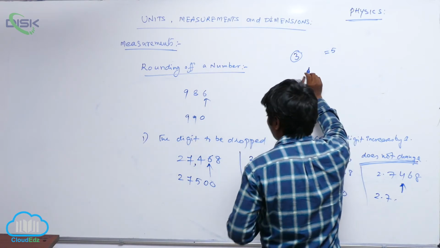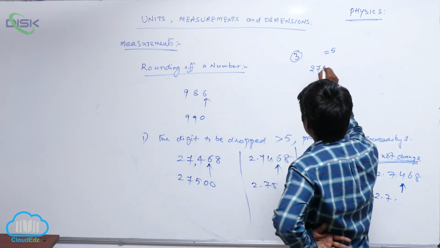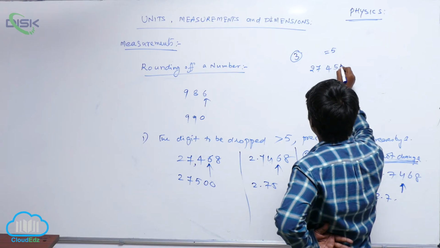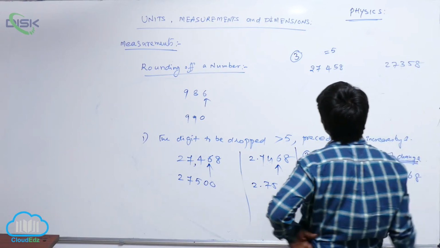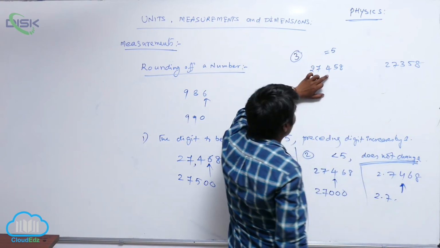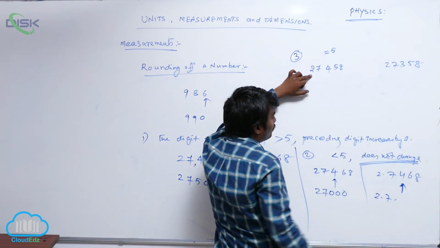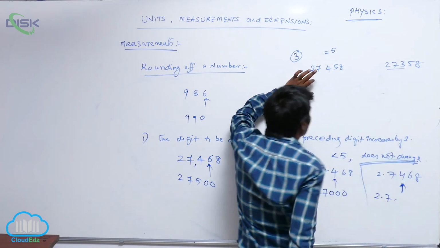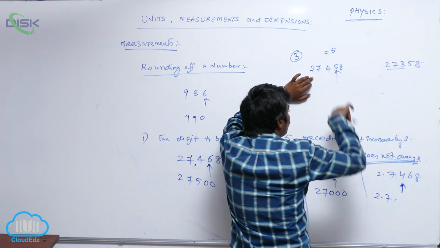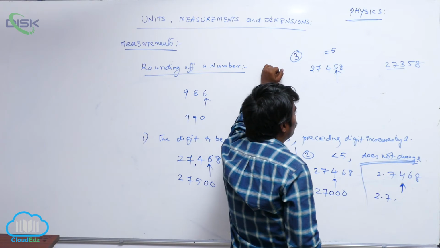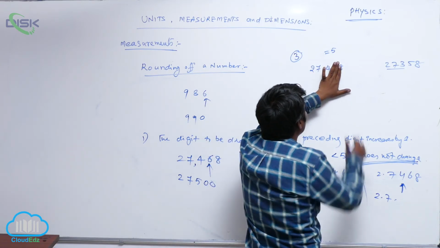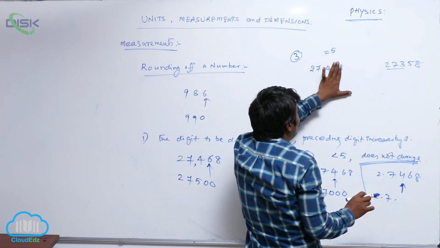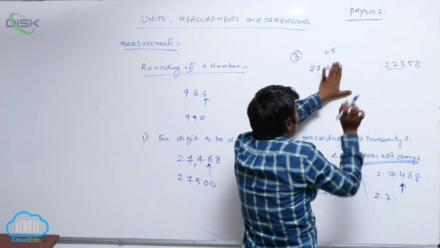Let me take one example, 27458 or 27358. I want to round off this number to three significant figures, and this also to three significant figures. So the immediate digit to be dropped is 5. It is not greater than 5, nor less than 5. If it is greater than 5, I will increase the previous digit by 1. If less than 5, this does not change.